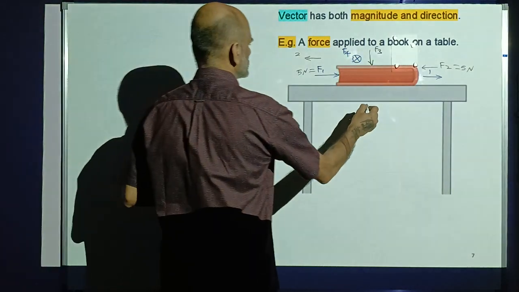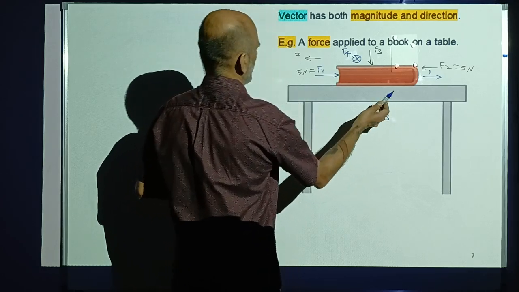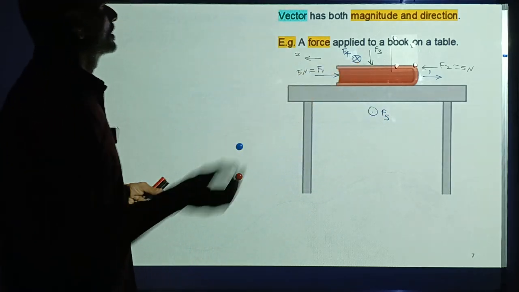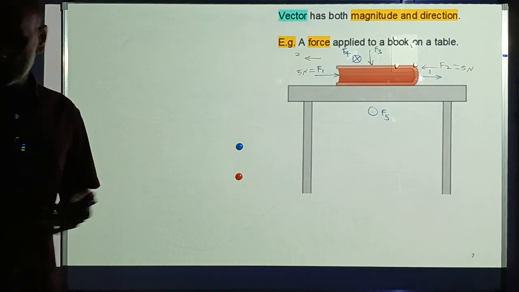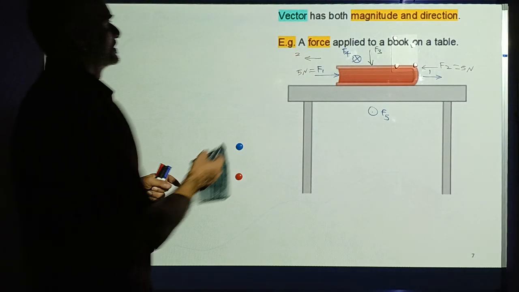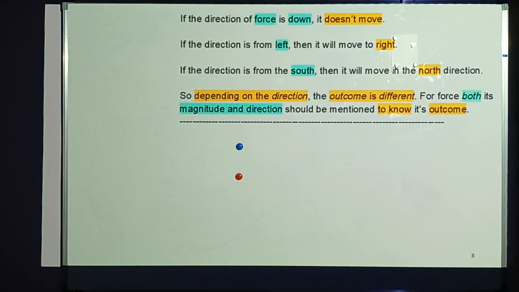And also if you apply a force, another possibility, if I apply the force in this outward direction, the book will come out of the plane of the book. So depending on the direction of the force, the outcome is different. So force is a vector. So if the direction of the force is down, the book will not move. If the direction of force is from the left, it will move towards right. From south, it will move in the north direction.